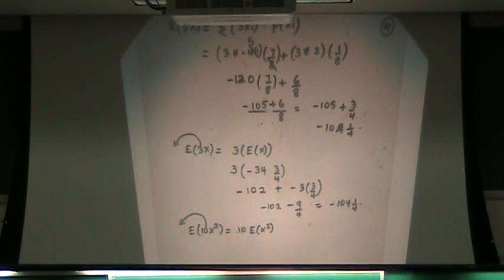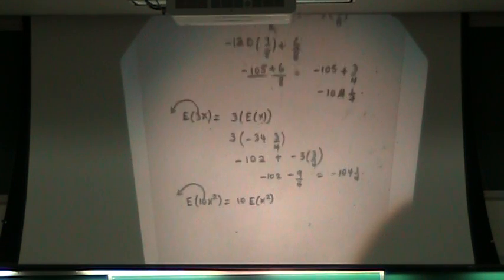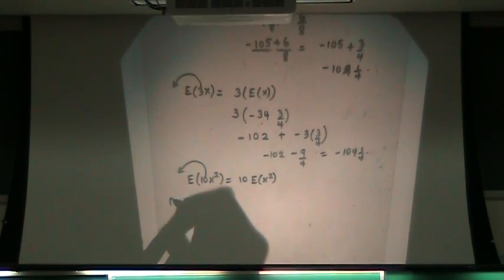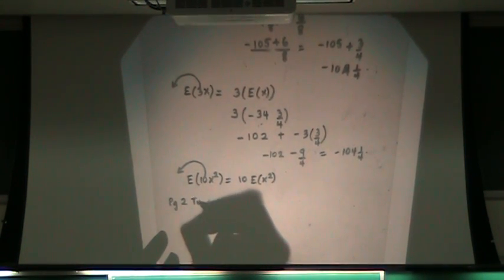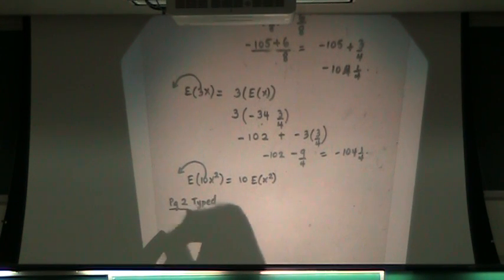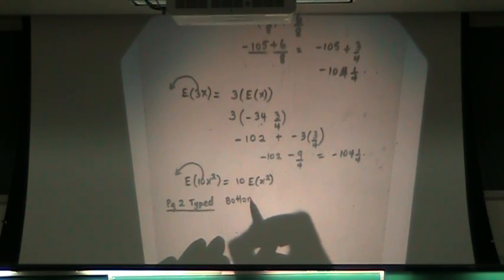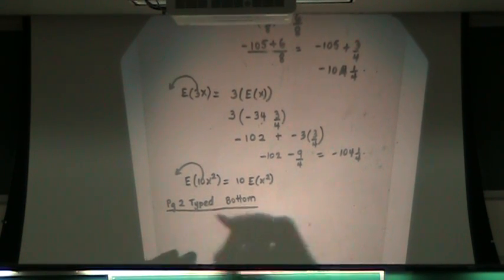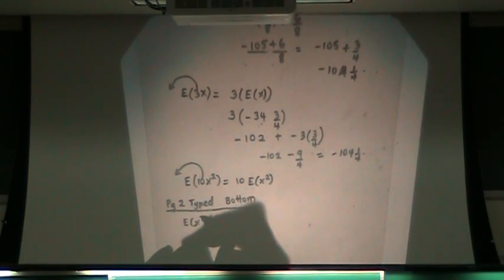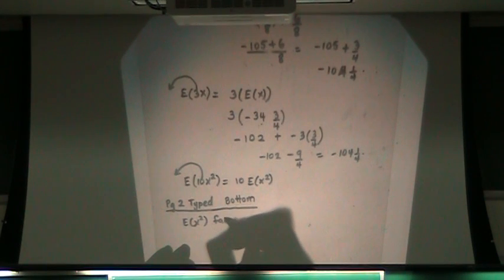Okay, so it says on the bottom of page 2, for the fair die, compute E of x squared. Can we do that problem? For the fair die, page 2 of the type notes, bottom. Find E of x squared for the fair die.